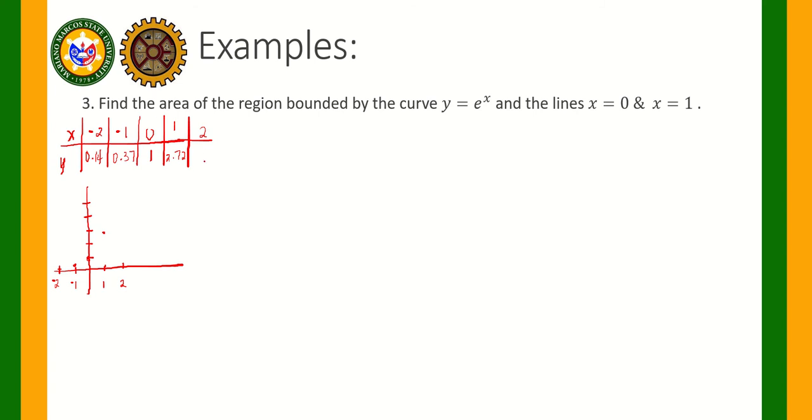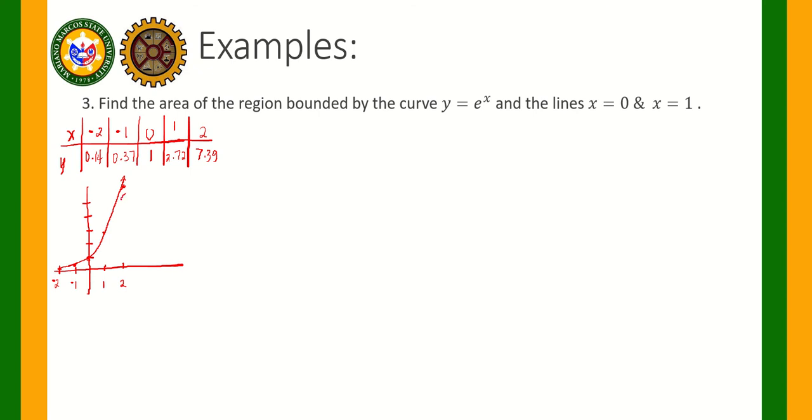And for x equal to 2, y is equal to 7.39, so it really goes upward. And our curve will look like this.